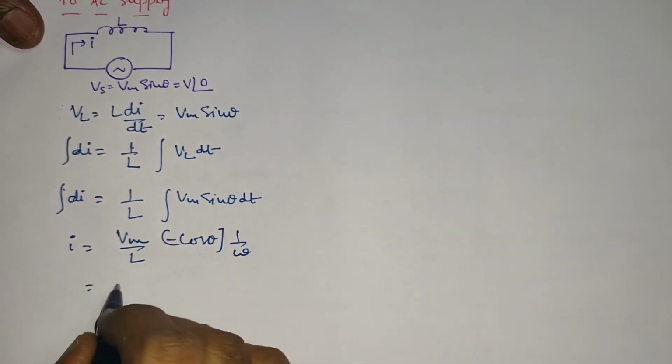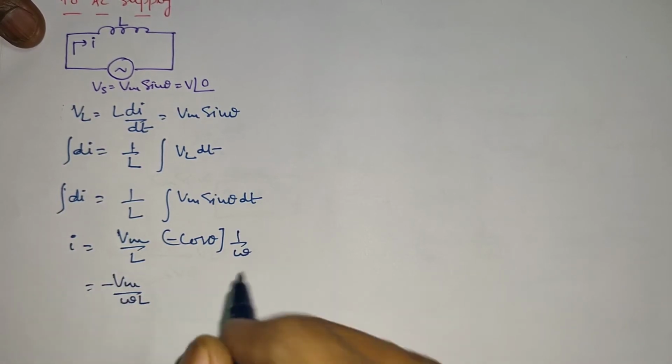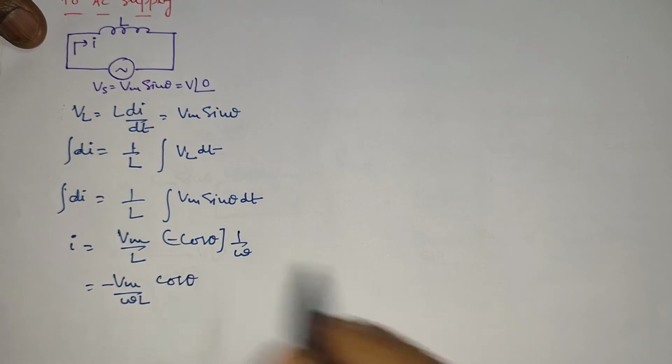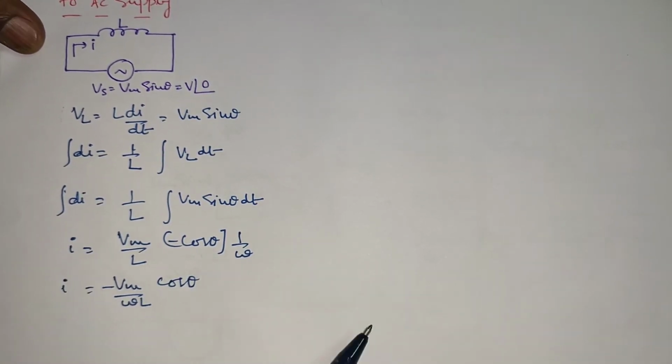Now this is equal to Vm by omega L into cos theta, and this is our equation for current.